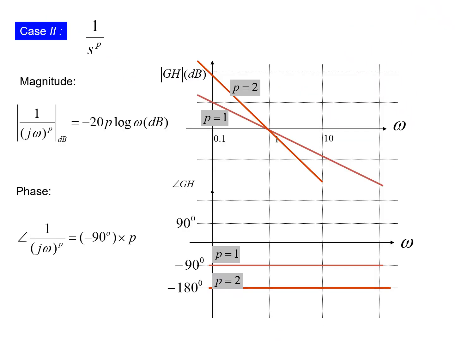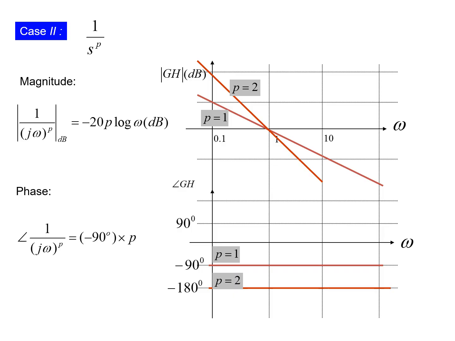And then next is case 2. It is 1 per s power p. The magnitude: because of s, in the frequency domain we change into j omega, and then the magnitude becomes the absolute value of 1 per j omega power p.